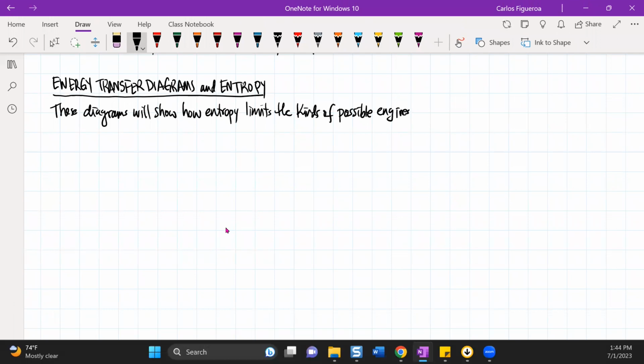So let's talk about language here before we get into those details. What we need to do is we really need to talk about reservoirs.